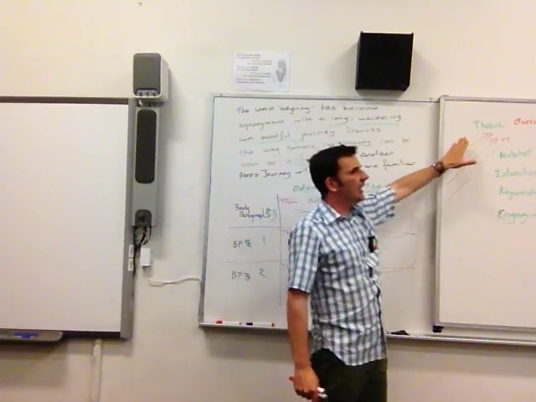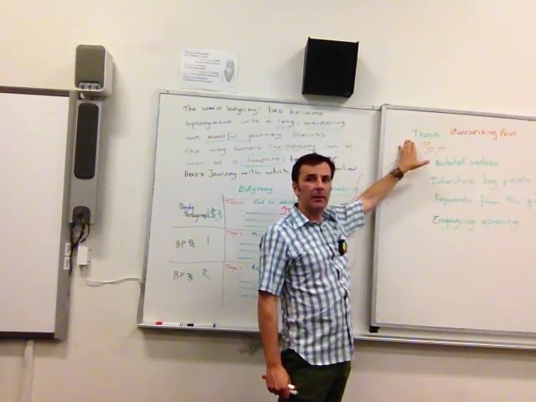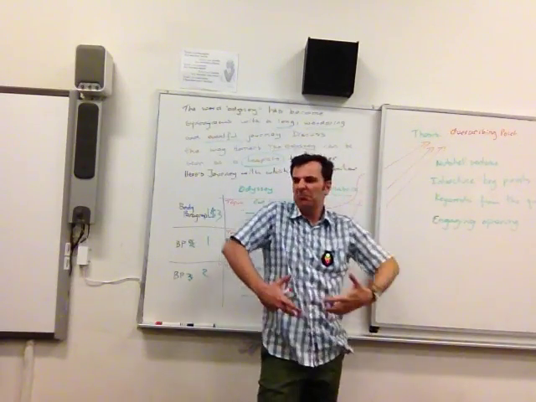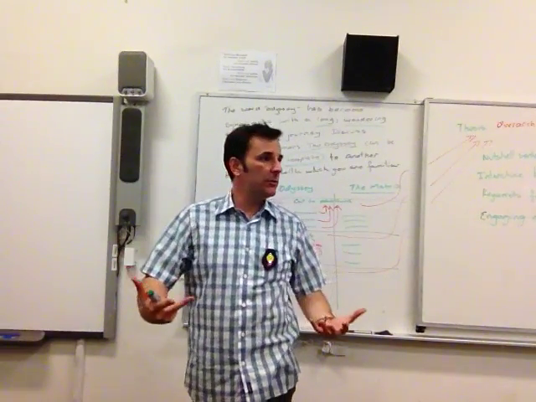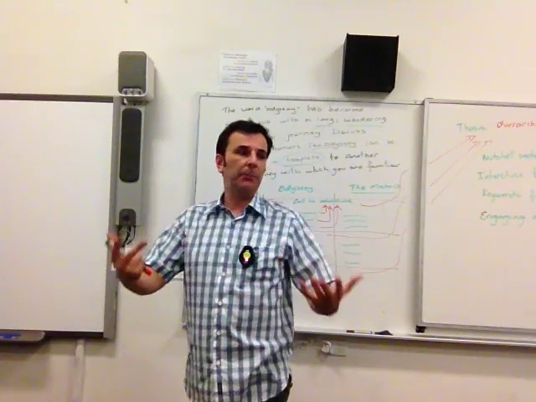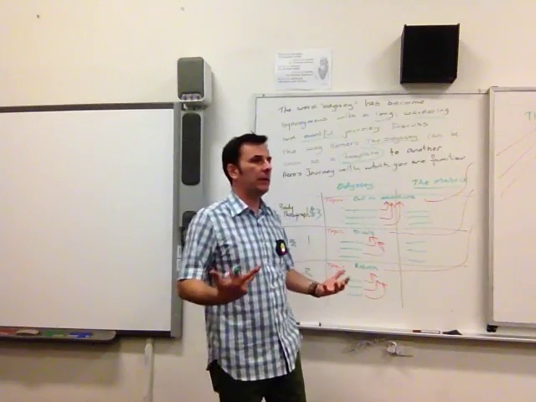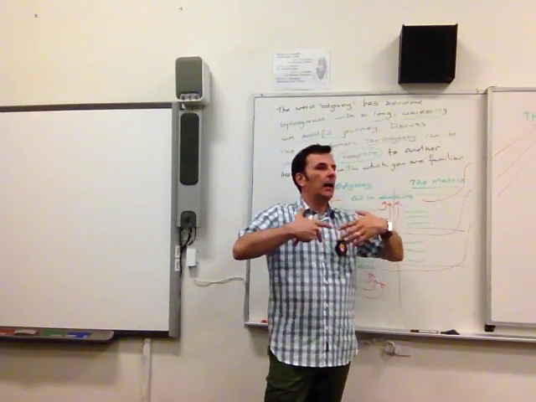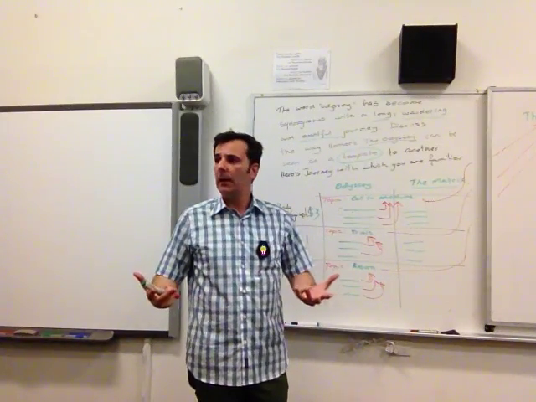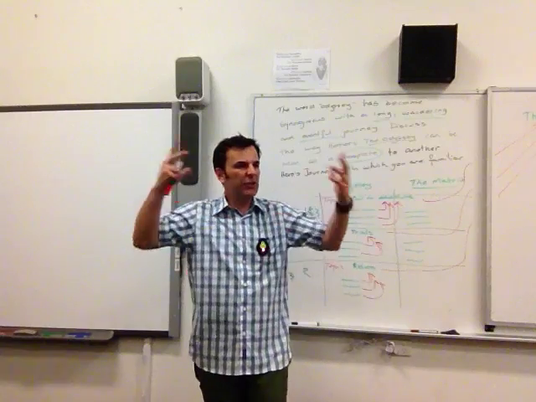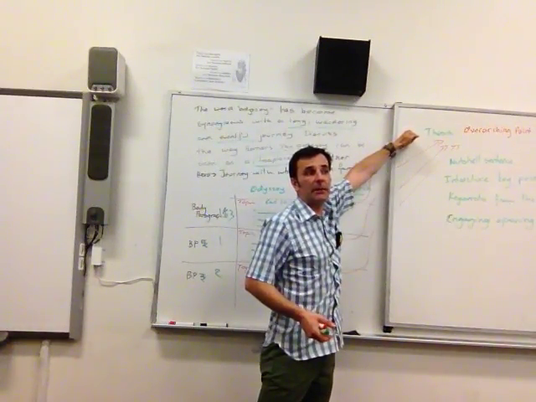The thesis doesn't necessarily need to be the first sentence of your essay. It can be, but it could be after you just talk about heroes' journeys generally. You might make a point about how ordinary people go on or have aspects of heroes' journeys in their own lives, or that it's a common genre within films and literature. You can make general points about the topic before you go into the thesis statement there.